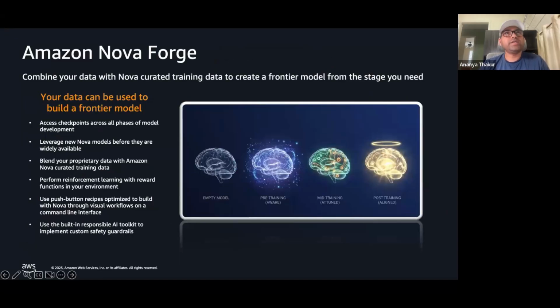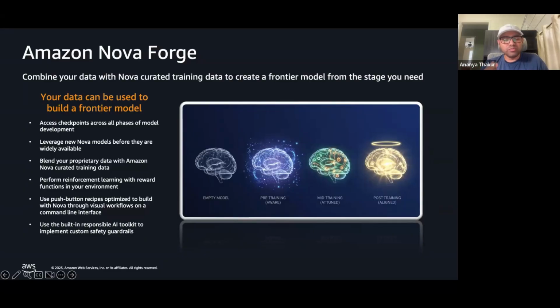All right, so what is Nova Forge? In simple terms, Nova Forge is essentially a place for any enterprise to come and create their own foundational models using some of the curated data that Amazon provides, and putting their own enterprise data on top of that, and go through the process that is defined in this picture.